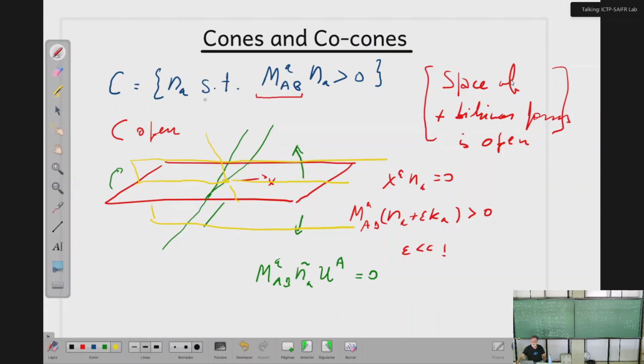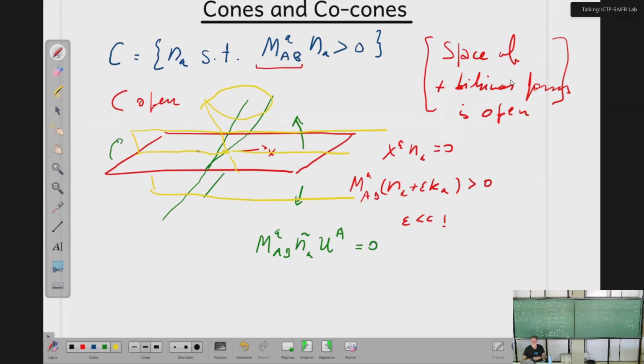So this space is a space of all planes which go up like this and touch this cone here of directions, right? And this is a cone. What is a cone? A cone is something. So C is a cone. Let's use another color.